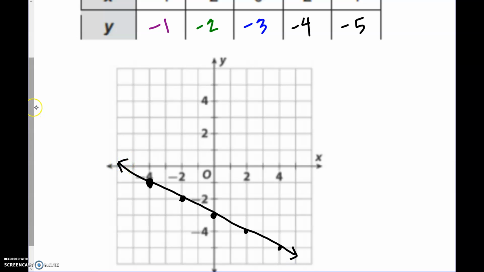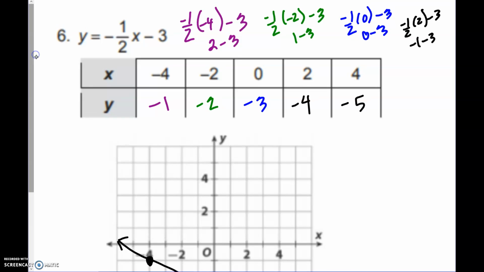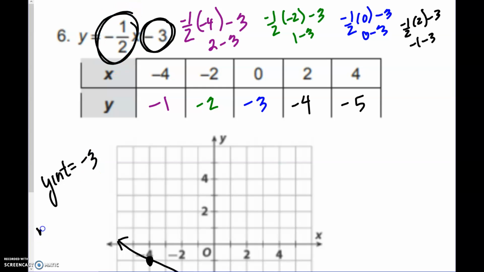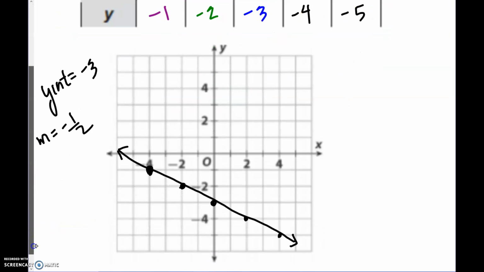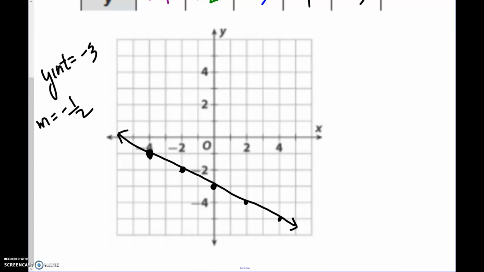Okay, now another way we could have done that is if you look from the very beginning, they tell us that the y-intercept is a -3. Okay, so the y-intercept is a -3, and then they tell us that our slope is -1/2. So could we have done this by saying y-intercept is -3?